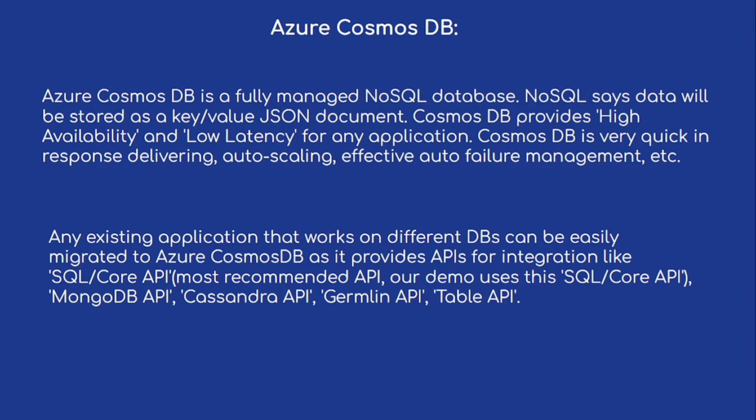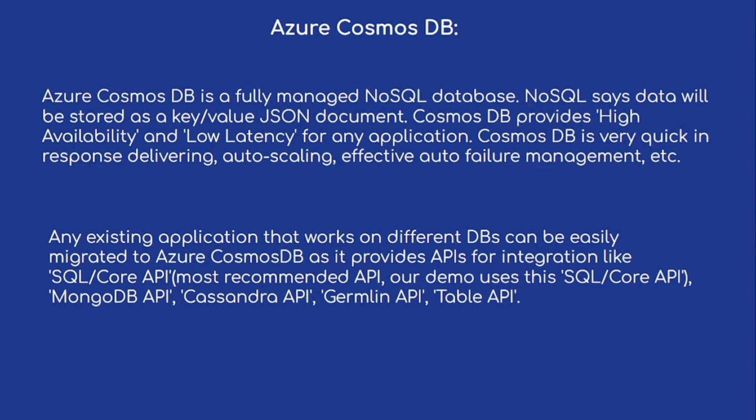Low latency means low delay for any application. Cosmos DB is quick in delivering responses, with auto scaling, effective automatic failure management, etc. Most of the things are automatic, meaning the cloud itself maintains everything.